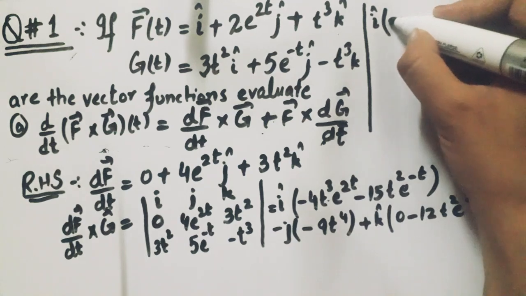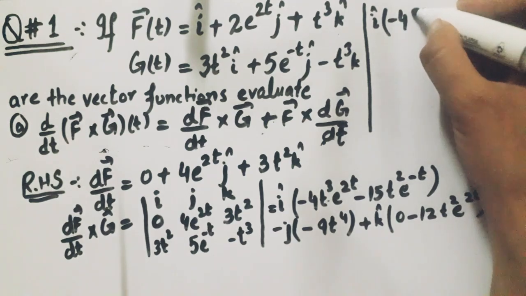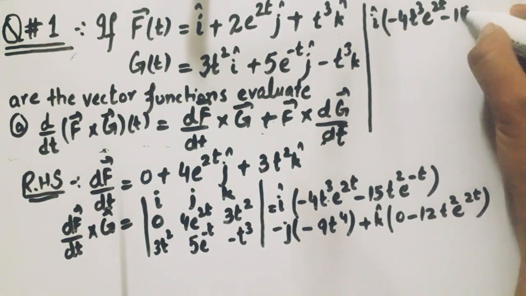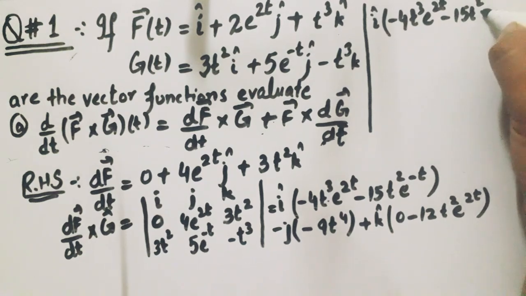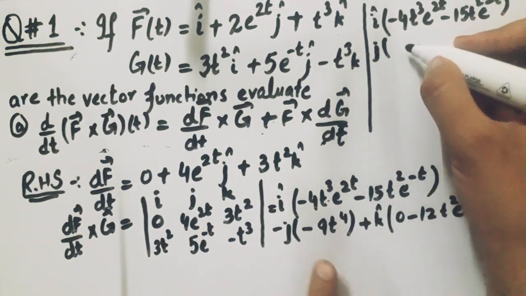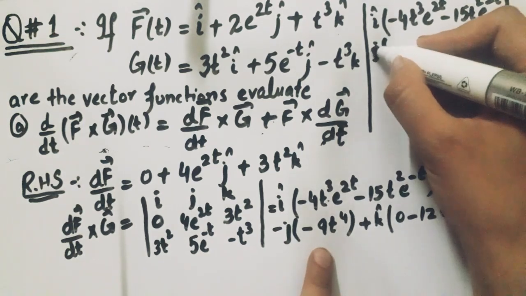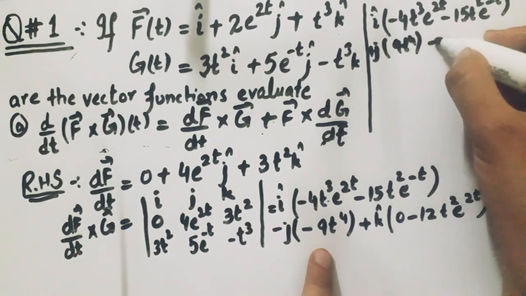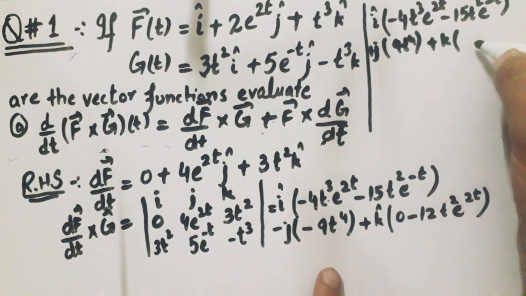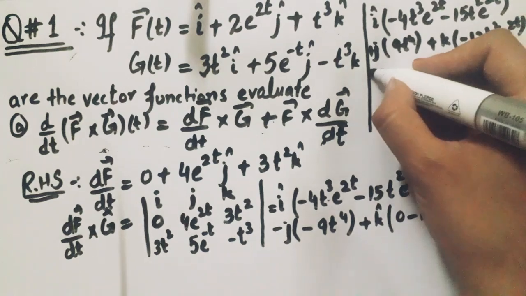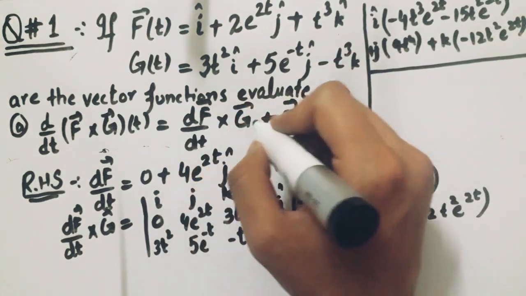So this is minus 4t cube e raised to power 2t minus 15t square e raised to power minus t and minus j minus 9, minus minus will become plus, so plus j 9t4 and plus k minus 12t square e raised to power 2t. So this was df by dt cross j.